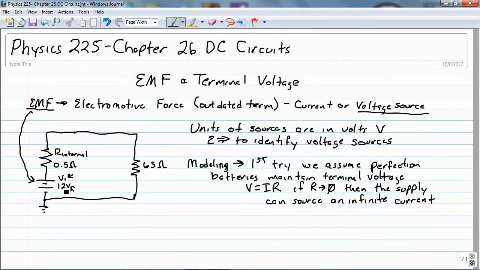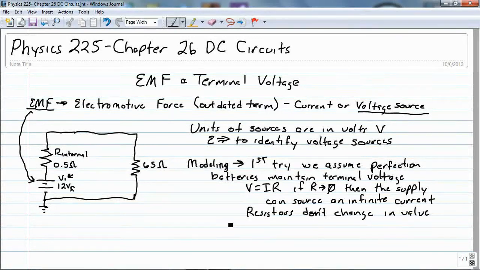So if I'm looking at something that's perfect, this 12 volt battery will maintain 12 volts even if the resistance goes to 0. It just means that the current will have to go to infinity. Resistors don't change in value. And we'll talk about capacitors and inductors later, what actually happens with those.